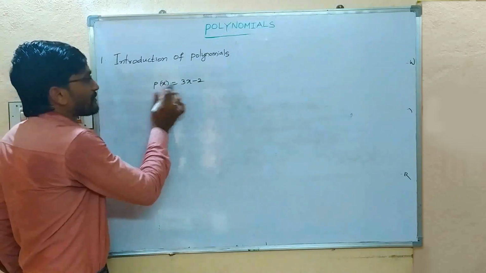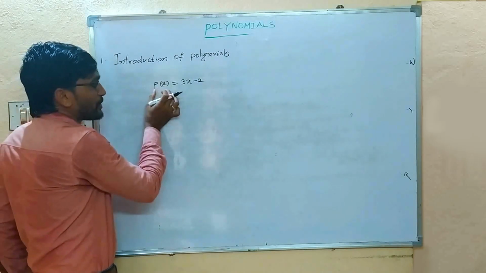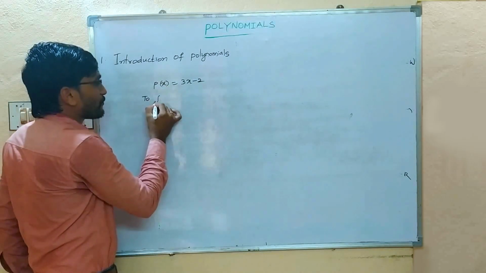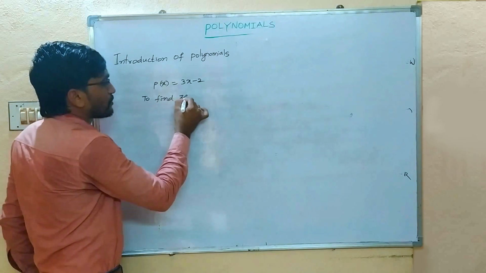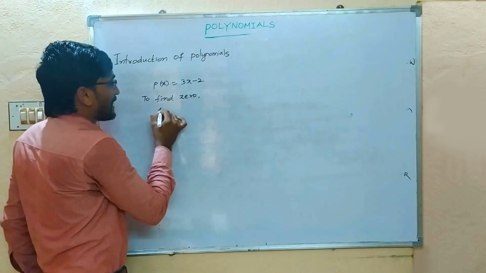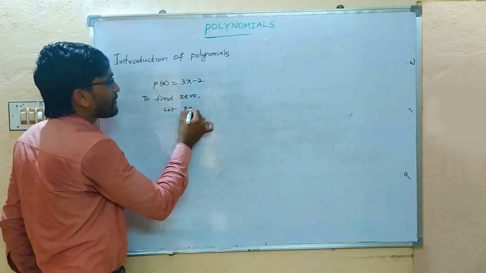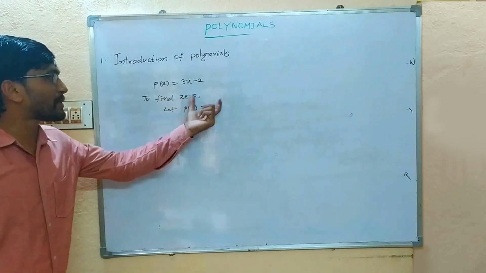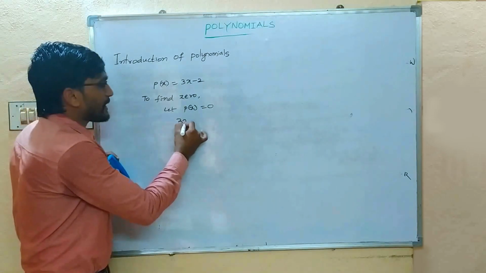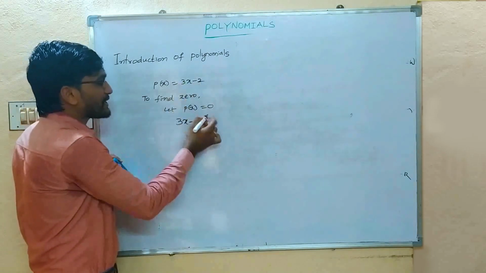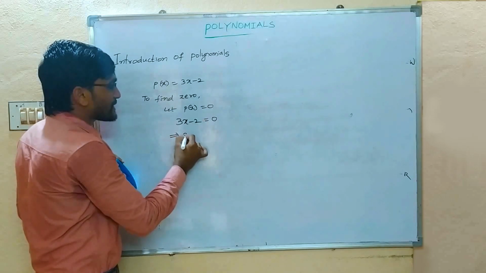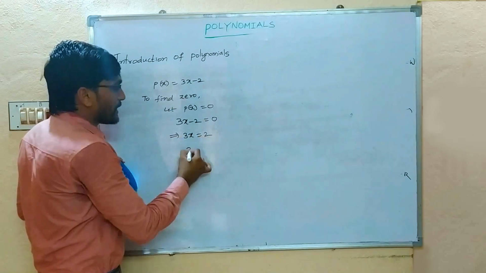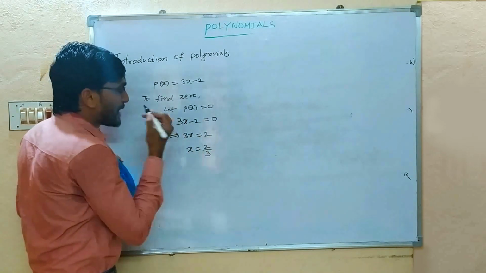Let us see. To find the zero of this polynomial, let us assume that p of x is equal to 0. p of x is nothing but 3x minus 2, equal to 0. This implies 3x is equal to 2, x is equal to 2 by 3.